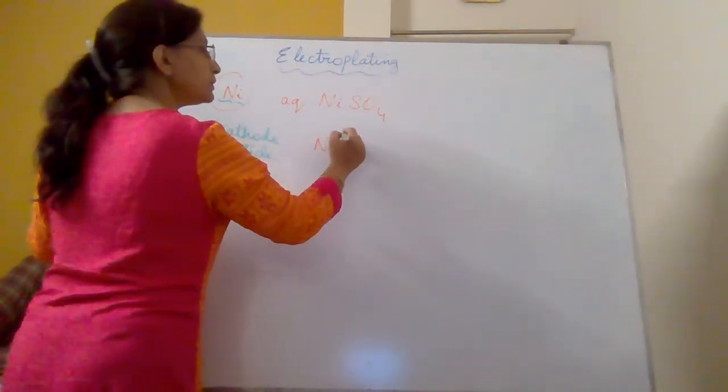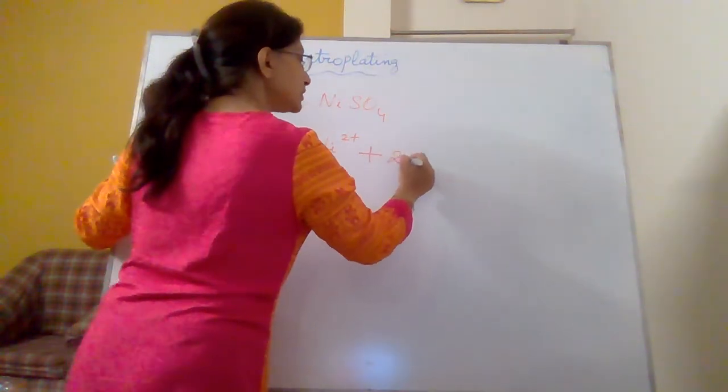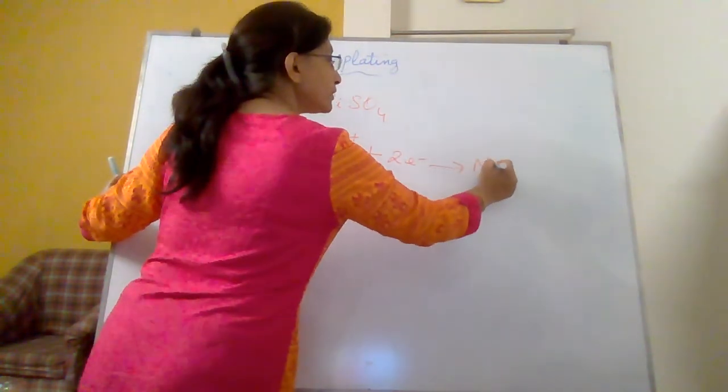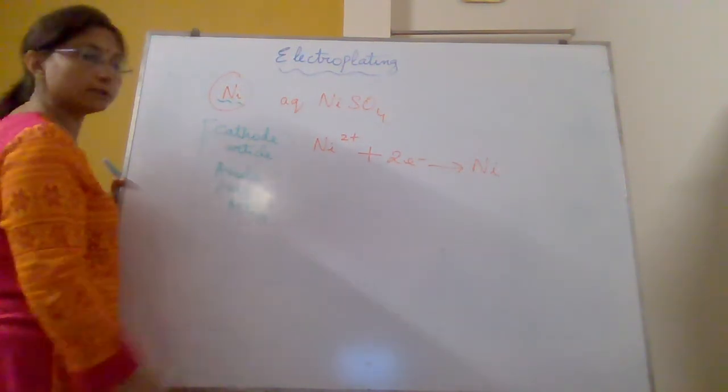So nickel cations will migrate towards the cathode and nickel will be coated at the article.